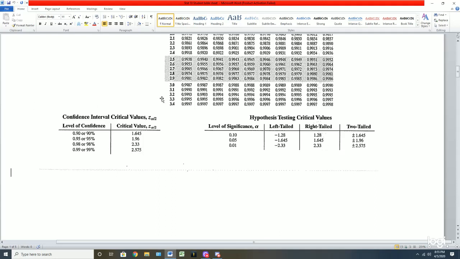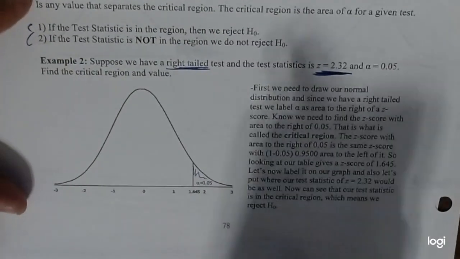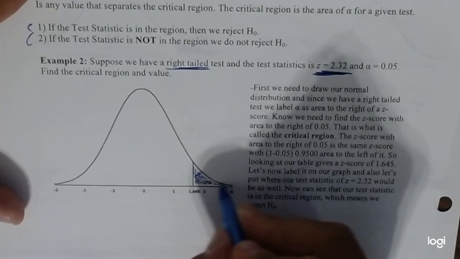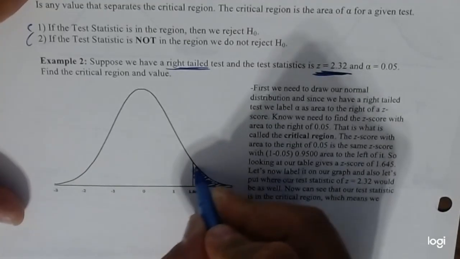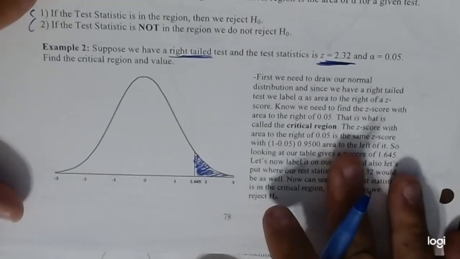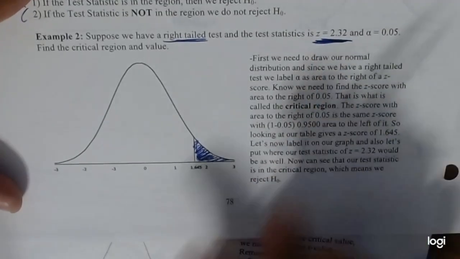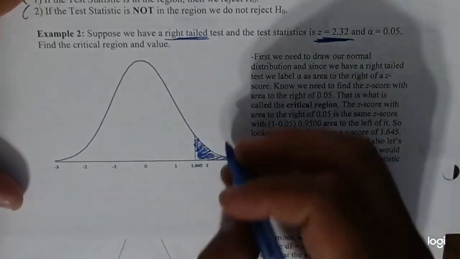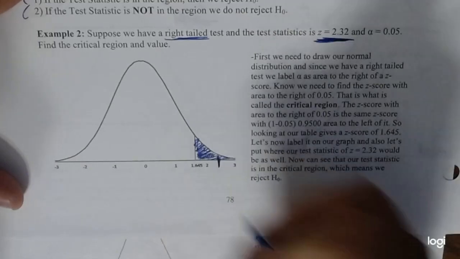That is how we get the number at the bottom of your portion. This is a shaded region. Our z-score is 2.22, which is roughly here.